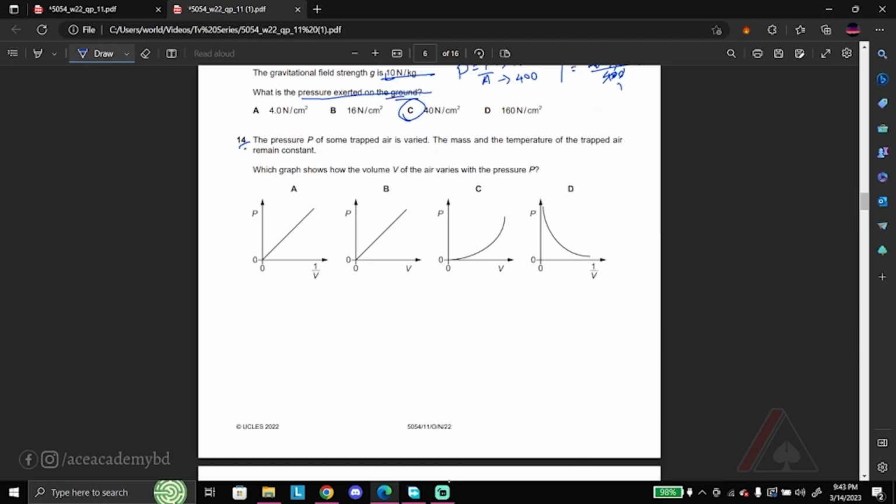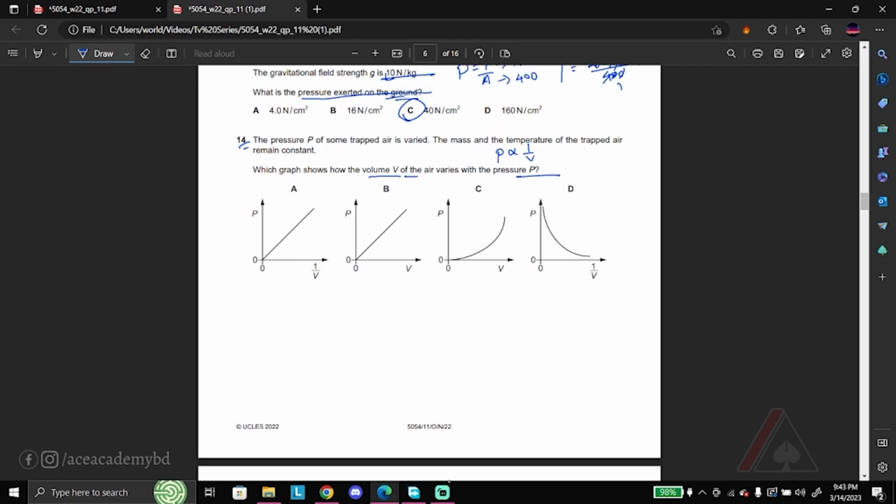So now let's move on to question number 14. Question number 14 says the pressure P of some trapped air is varied. The mass and the temperature of the trapped air remain constant. Which graph shows how the volume V of the air varies with pressure P? If you remember Boyle's law, it states that pressure is inversely proportional to volume.